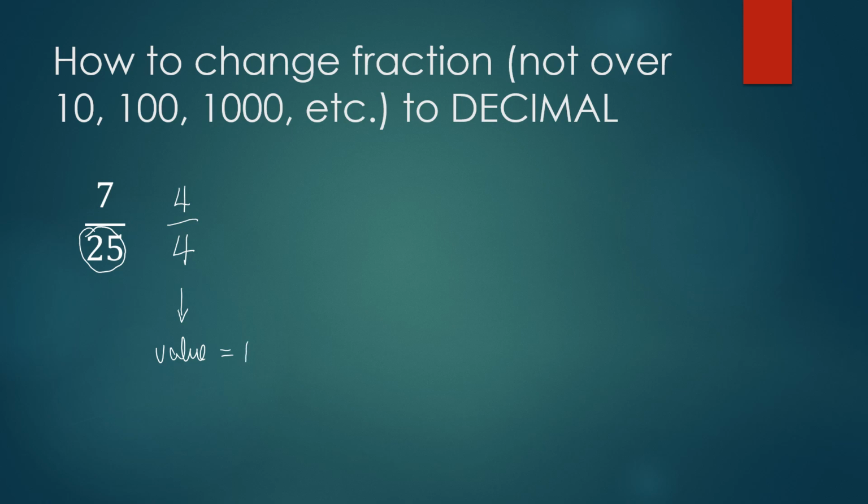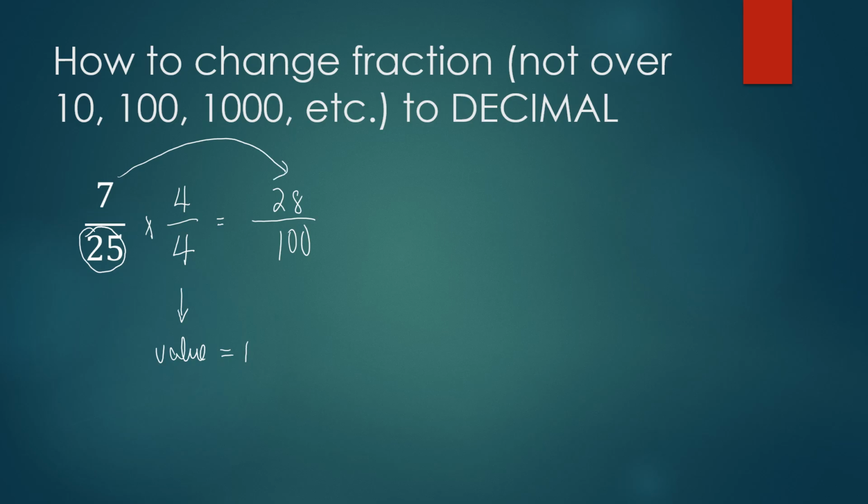It must always be the same numerator and same denominator to have a value of 1. Now, if we multiply this, then we will have a fraction in higher terms that is equivalent to 7 over 25, and that is 28 hundredths. So these two are the same. This is just a higher term of 7 over 25.